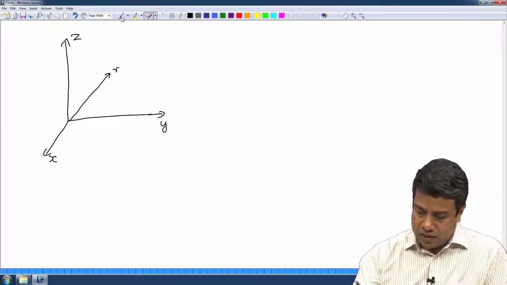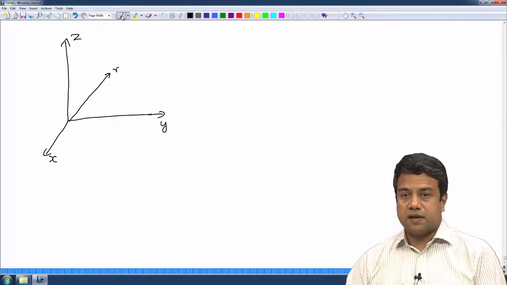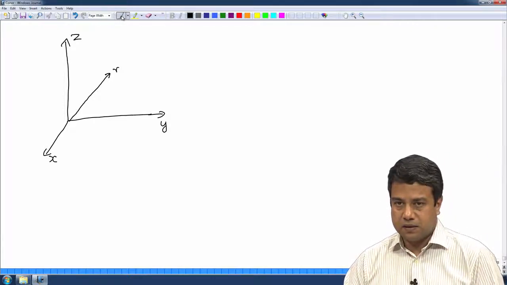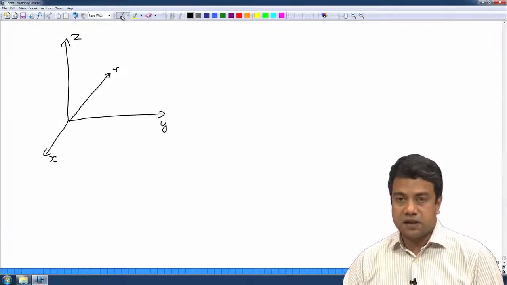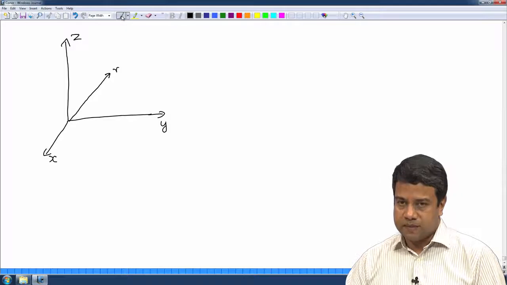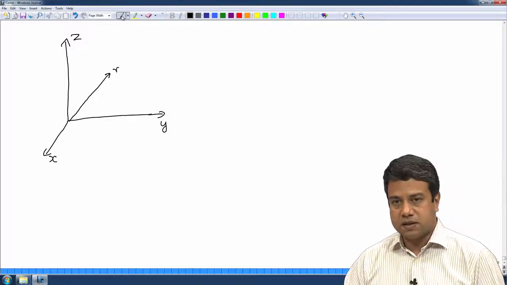However, you need two other coordinates to completely specify a location. In the Cartesian coordinate system, we had x, y and z to completely specify. In this case, r is just a distance from the center. You need two other coordinates to completely specify a point in this spherical coordinate system.